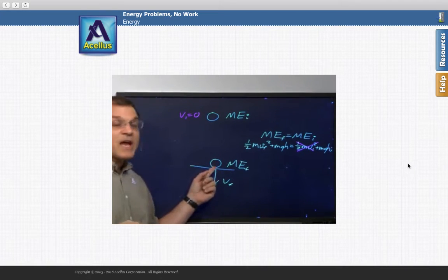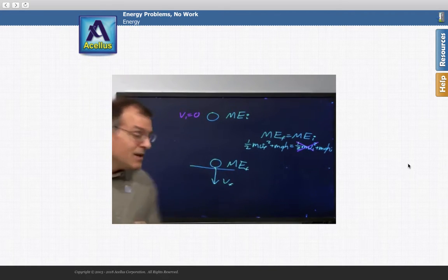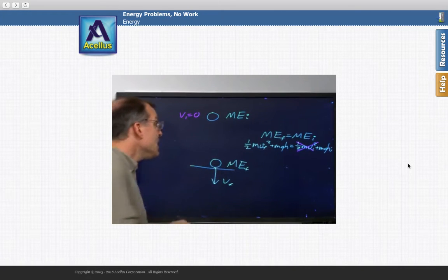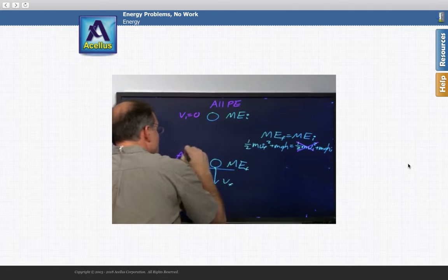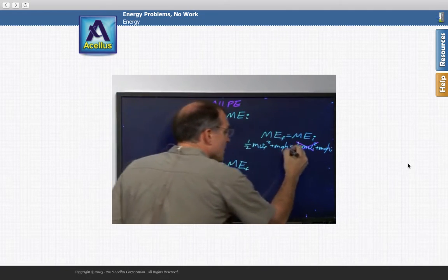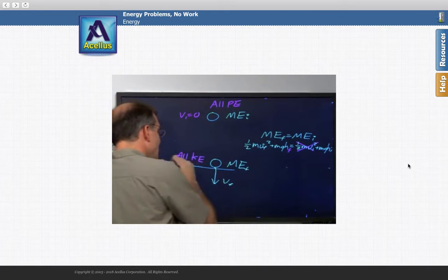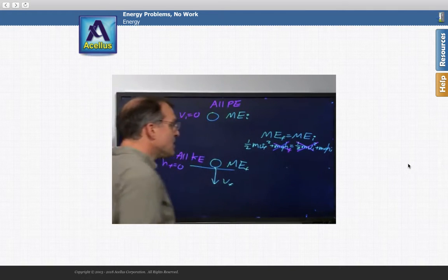When it reaches the ground, it's at a height of 0 meters, which means at the end it has no potential energy. Here it's all potential. Down here it's all kinetic. So the height at the end, I left off my F, really need the subscripts, the height at the end was 0, so that kills all of that term.